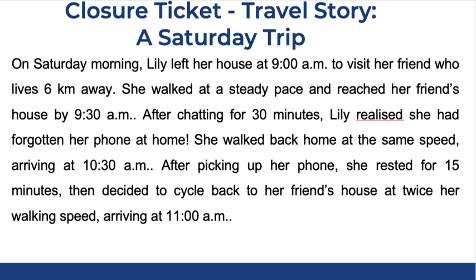So her walking time to her friend's house, the stationary chatting time, how long was it, and then walking back time, then resting at home, and then cycling back. And once you do all this on your graph, we can talk about your speed, because speed, as we have discussed in the previous video, is not there technically.